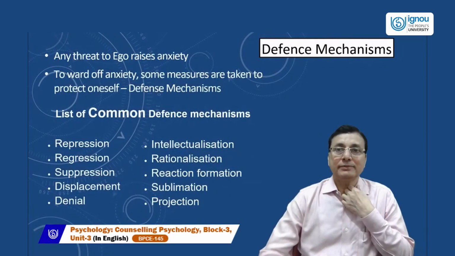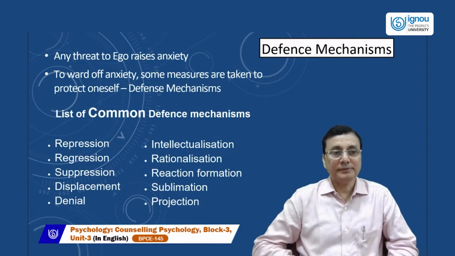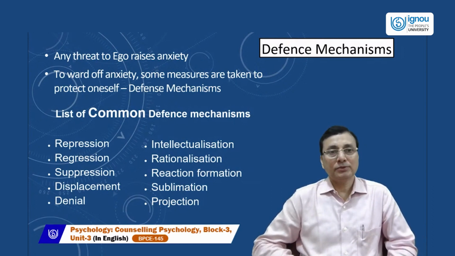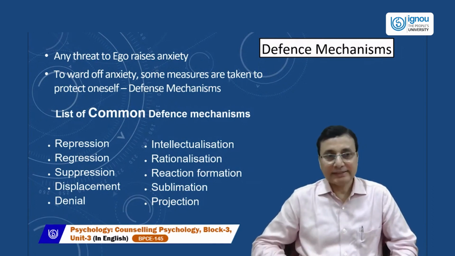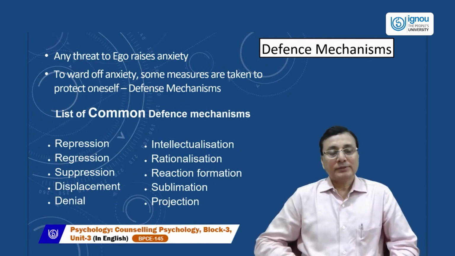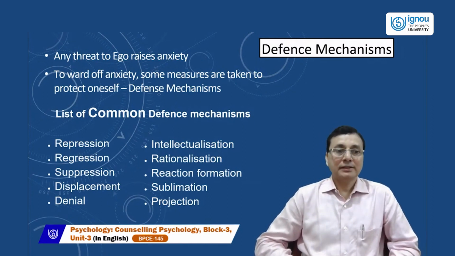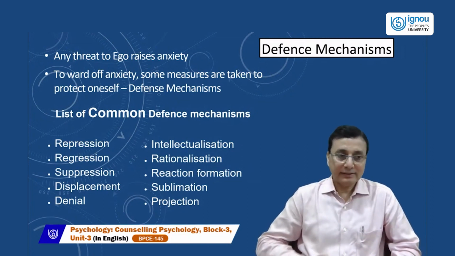So let us see what type of defense mechanisms are used by the ego. Any threat to the ego raises anxiety. So to manage the anxiety, the ego basically uses defense mechanisms. There are certain defense mechanisms like repression, regression, displacement, denial, and suppression.